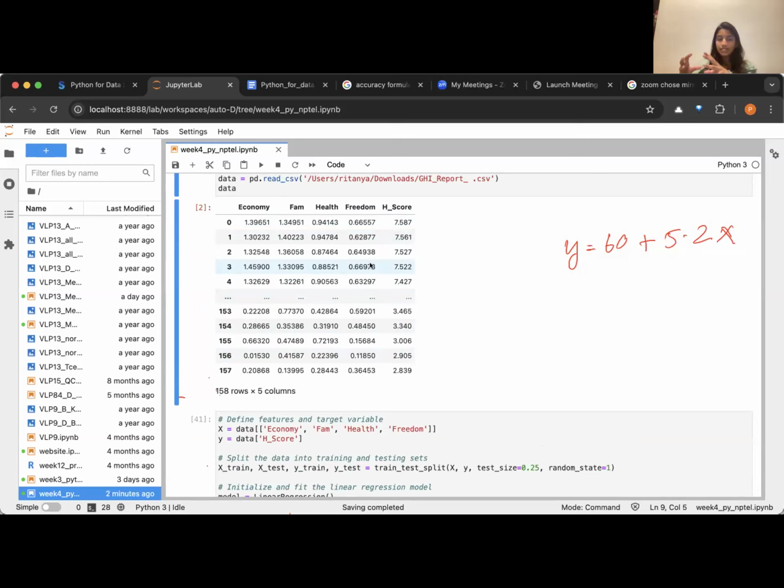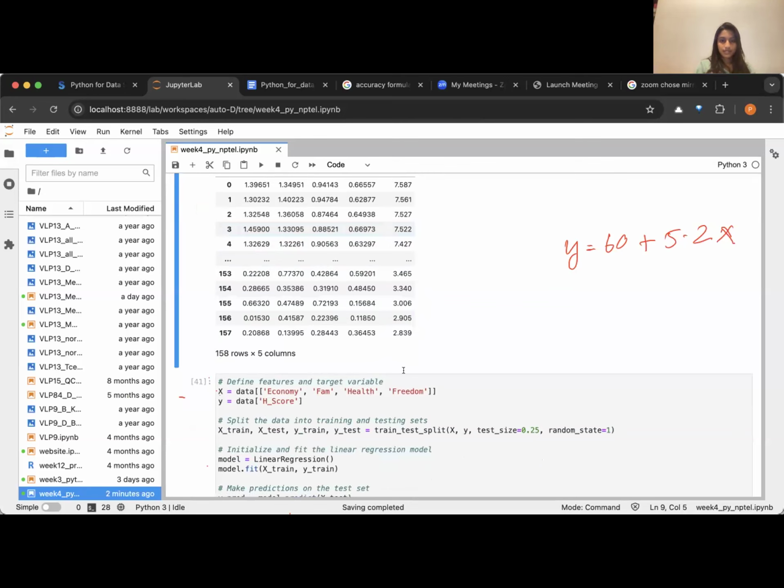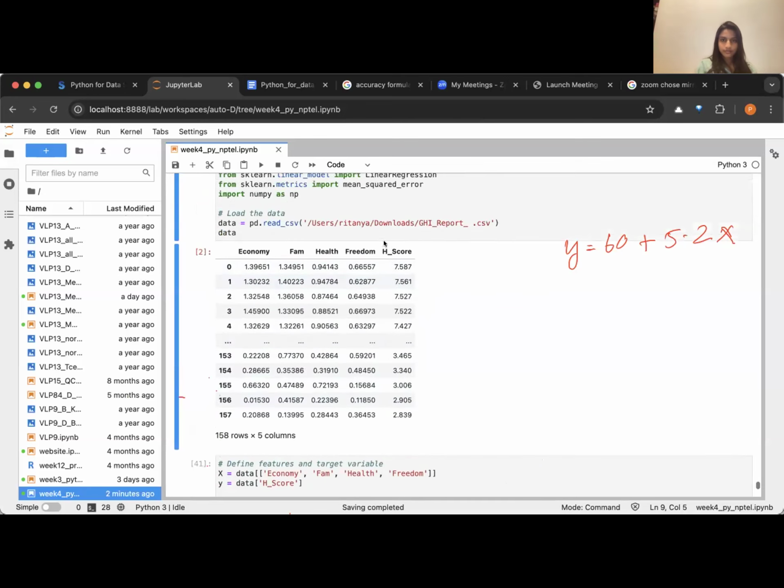That test data is not truly unseen, because you know the actual happiness score for it too. So you compare the predicted value of the happiness score with the actual value to tell if your model is performing well. That is the main goal here.